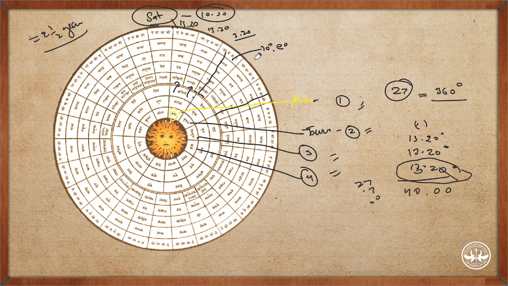Okay, this is called Gandamoola. And in Karka Rashi you will see that though Punarvasu is half and Pushya is half, Ashlesha is ending over here. See carefully, Kark is ending over here, Ashlesha is ending over here, and it is called Gandanta.